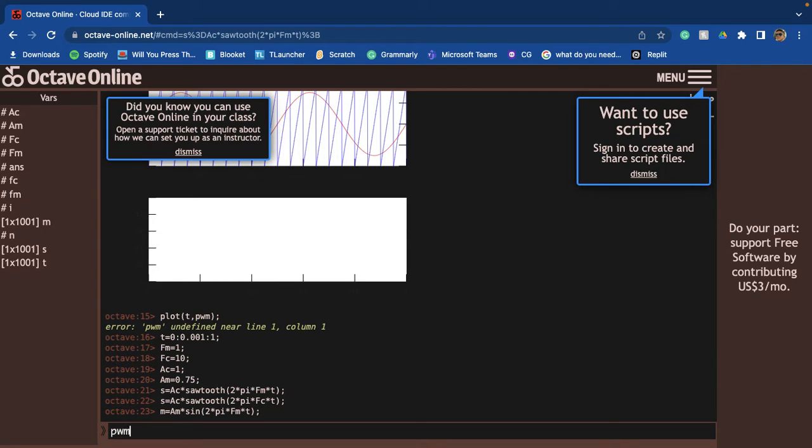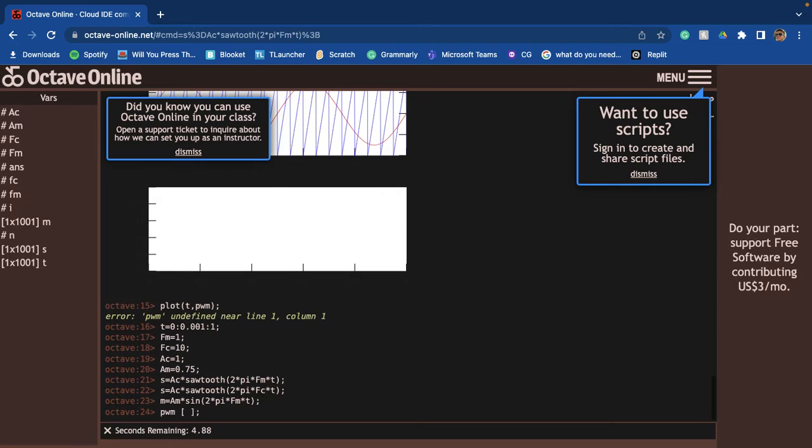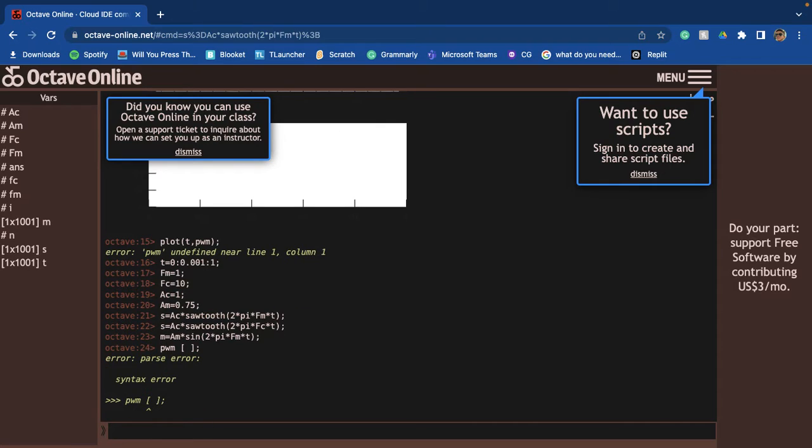Let PWM be denoted with a matrix here. All the data will be here.